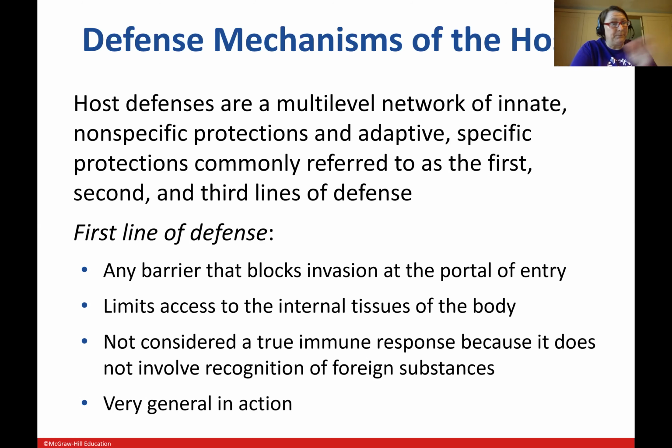It's basically intact skin; nothing's going to get in unless it can burrow into the skin itself. And of course, it's a very general kind of defense, so an awful lot of things are going to set up shop on the outside of our skin, and they aren't going to cause disease because the skin is stopping them from gaining access to the body itself.